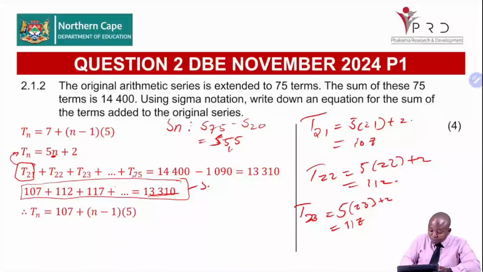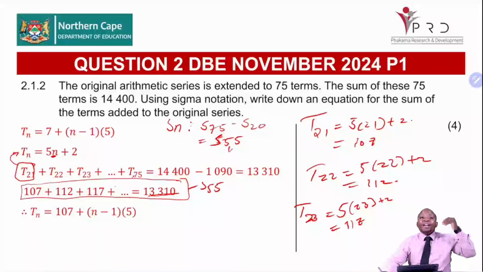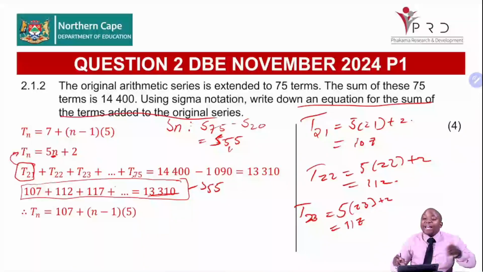Therefore, I now have from T21 onwards. This is the sum to 55. Remember that. Now I'm looking for the general term of the sum to 55. Why 55? Remember, I am looking for the equation for the sum of the terms that were added. Then I can say my Tn equals A. My A for the ones that were added was 107.